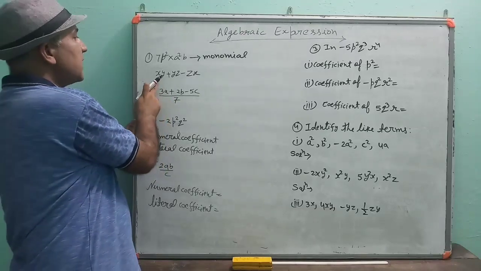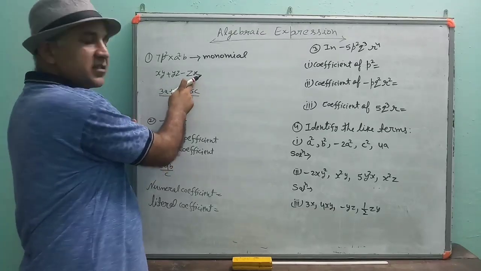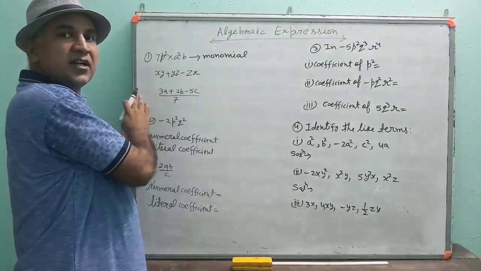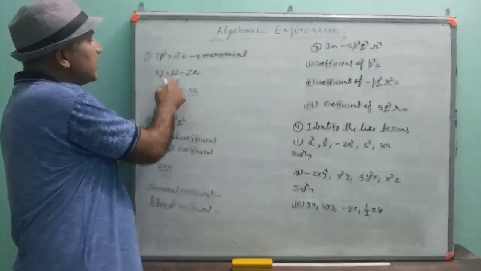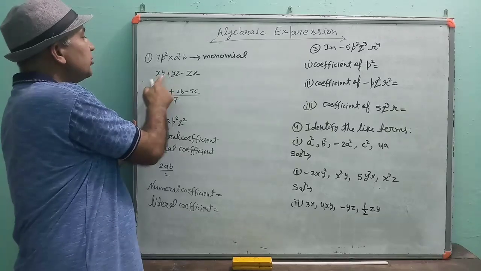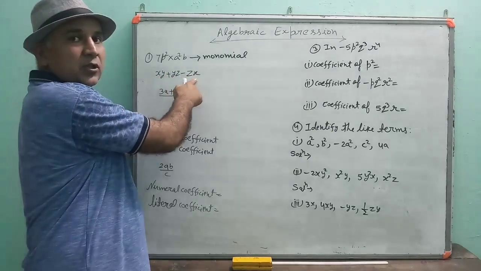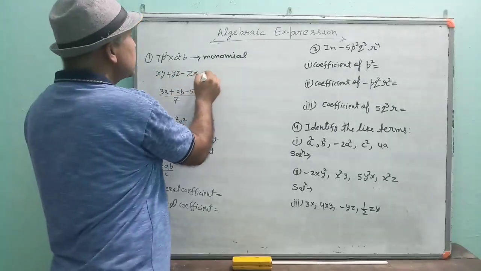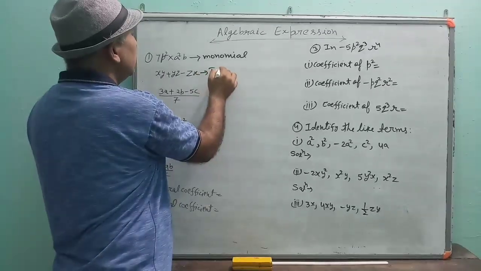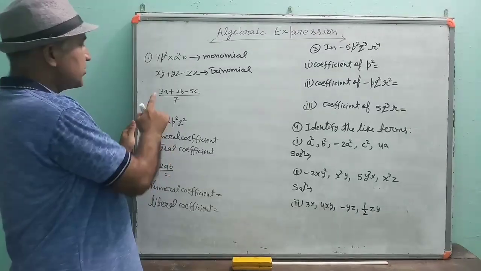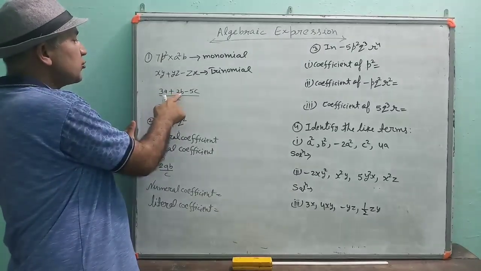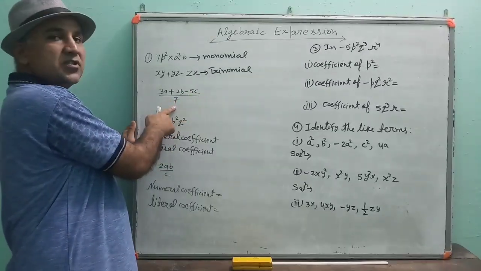Now here xy plus yz minus zx, we know that terms are separated by plus or minus. So xy plus yz minus zx means one term, two terms, three terms. Total three terms are there. So this will be a trinomial. Understood? Now see here, 3a plus 2b minus 5c whole upon 7.